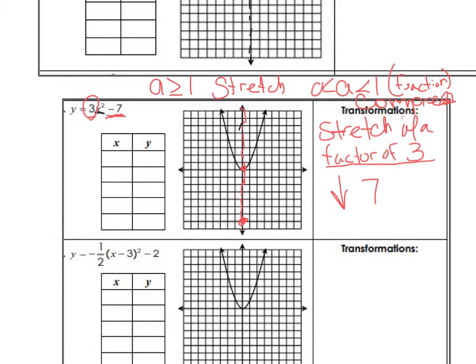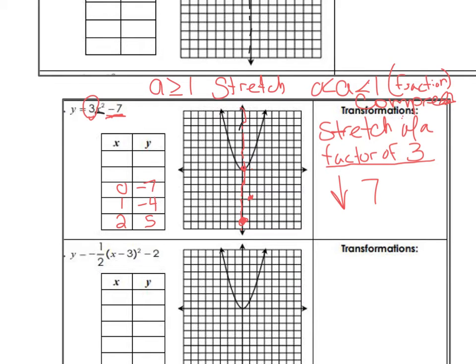Alright? Now, if I was to plug these in, let's see, my vertex is 0, -7. So let's just plug in 1. So that would be 3 minus 7 is -4. If I plug in 2, 3 times 4 is 12, minus 7 would be 5. So let's plug these in. 0, -7 is here. 1, -4 is here.